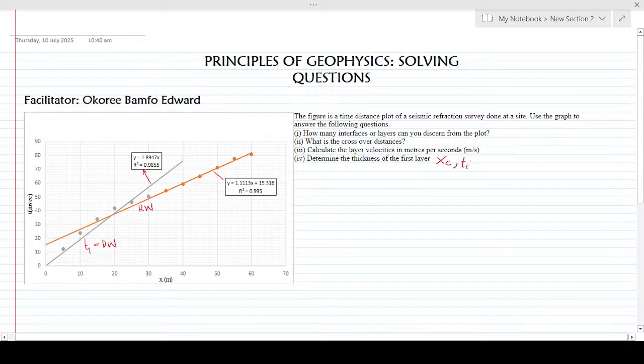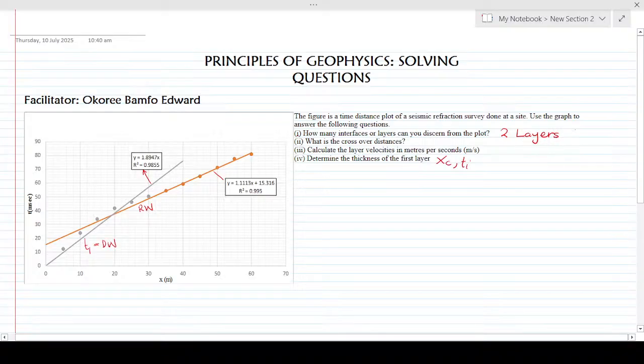Since we have only two lines, we can see from the graph that there are only two layers, with one interface.